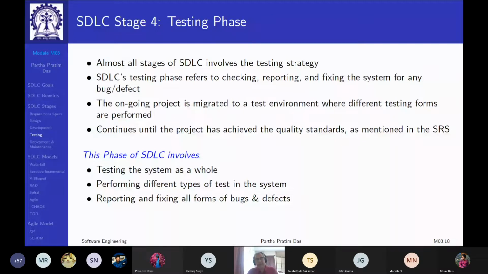Similarly, testing involves developing a test plan. What is a test plan? In a test plan, you identify, for the system that you are building, what all needs to be tested. That could be at the unit level.